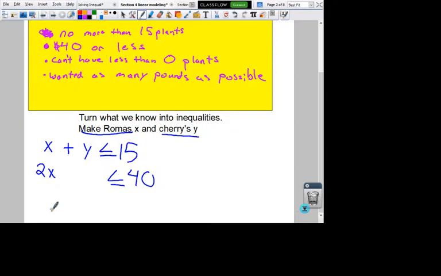Whatever the cost is for my Romas, plus whatever the cost is for my cherries, has to be less than or equal to 40. How much do cherry tomatoes cost? $3. Same thing: the number of cherry tomatoes I buy multiplied by 3 is how much I paid for those cherry tomatoes.